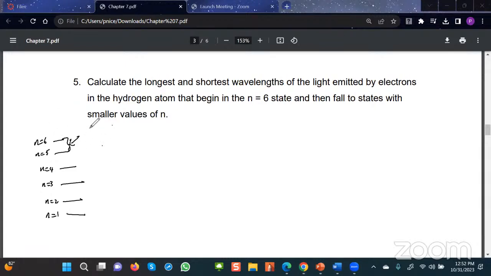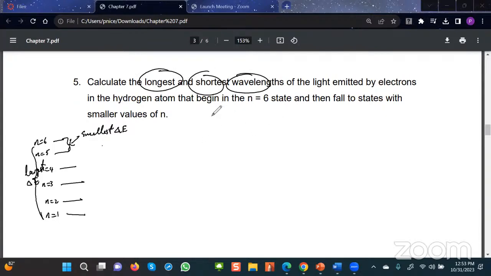This would be the smallest gap, energy gap, smallest delta E, right? And then the largest would be where we go from n equals 6 to n equals 1. So this would be the largest delta E, all right? But the question is not asking about the smallest or largest delta E. It's asking for the longest and shortest wavelength, right?